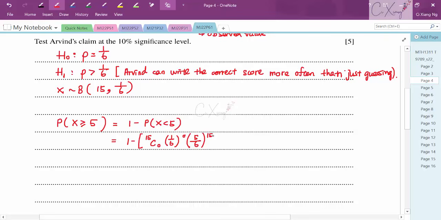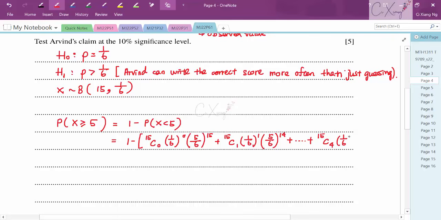After that, I'm having x equals 1. So 15C1, 1 over 6 power 1, and also 5 over 6 power 14. So you can see that we're using the binomial formula to calculate the probability. You should continue all the terms here until 15C4. 5 is not included, therefore you have to include until 15C4.